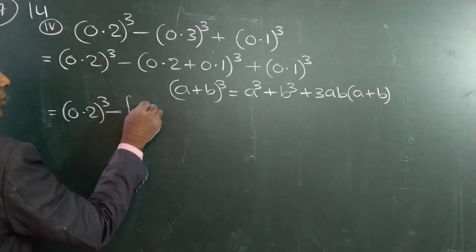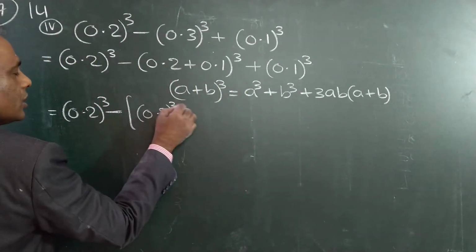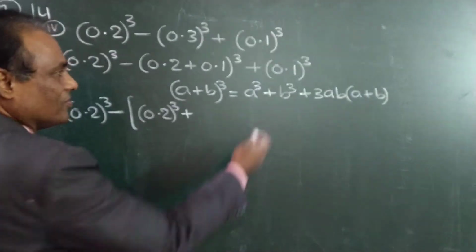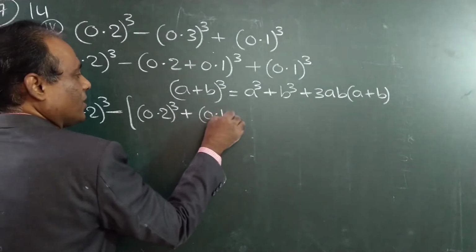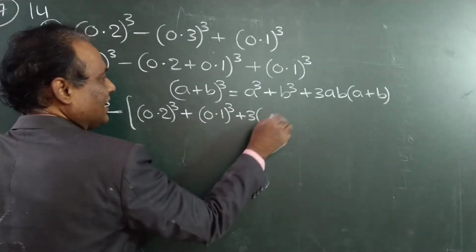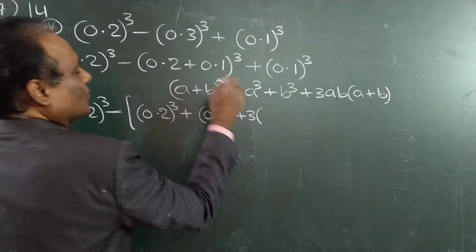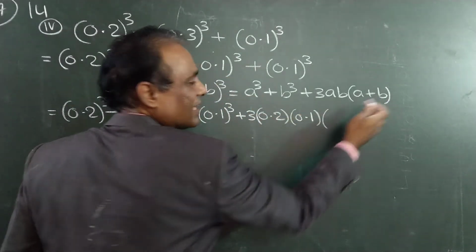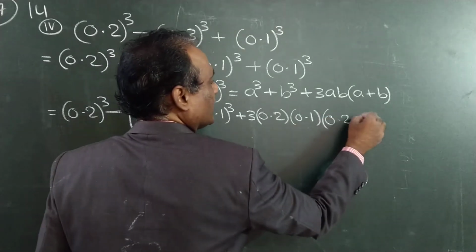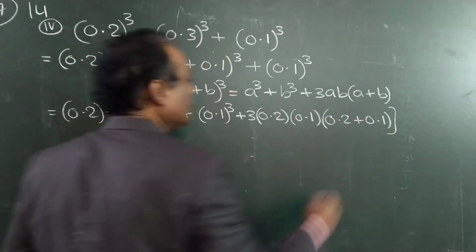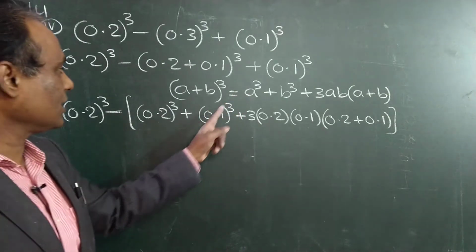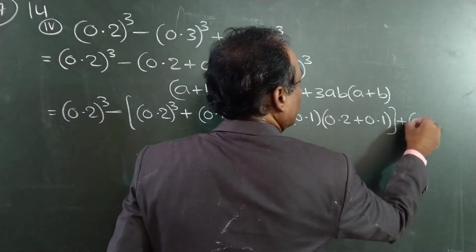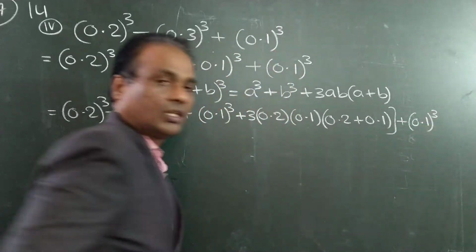A cube is 0.2 whole cube, A is 0.2, B is 0.1, B cube is 0.1 whole cube, plus 3AB, 0.2 into 0.1, into A plus B, 0.2 plus 0.1. So it is the same as the formula.